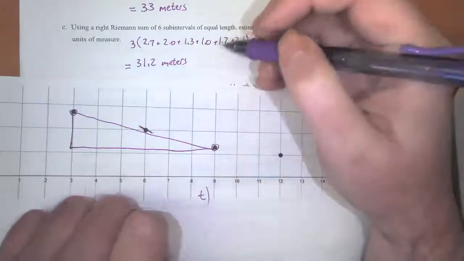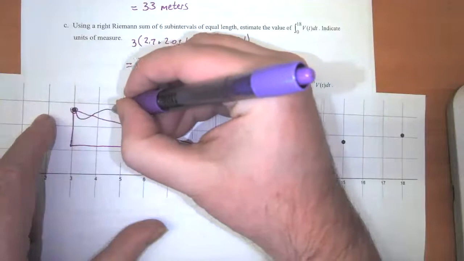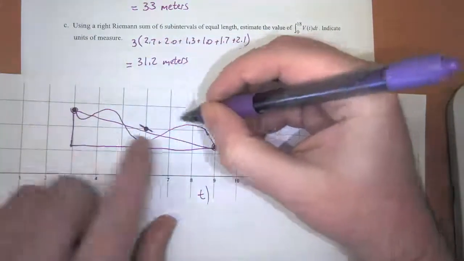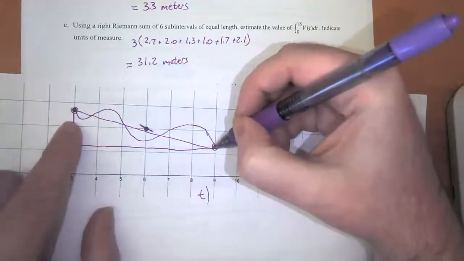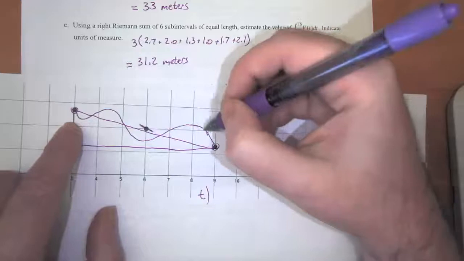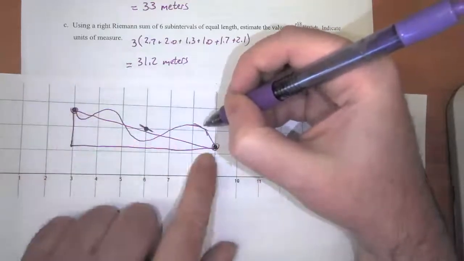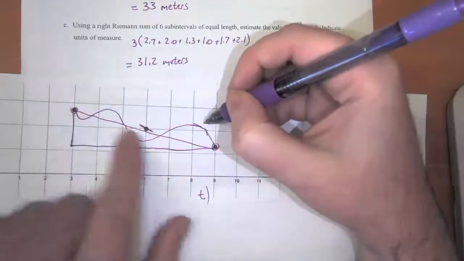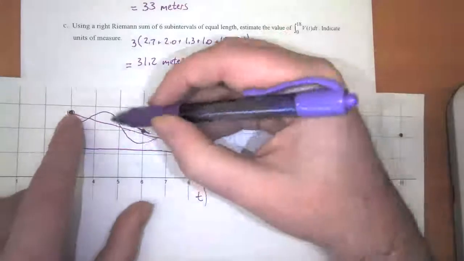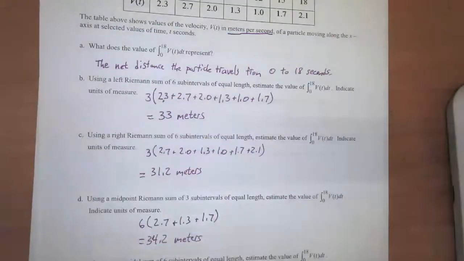One of the things we know because of the mean value theorem is that no matter how this graph looks, there's got to be at least one point between 3 and 9 where the derivative of the velocity is parallel to this secant line.